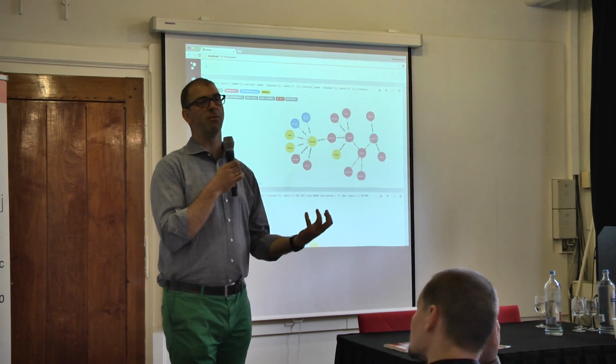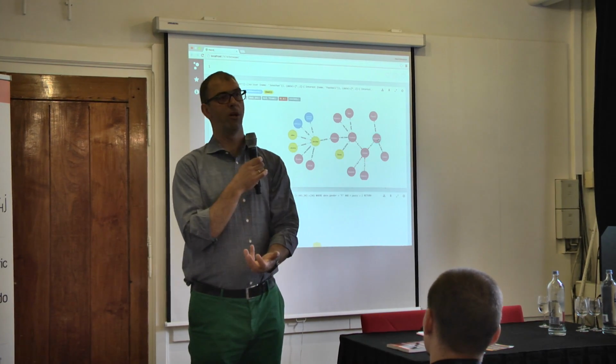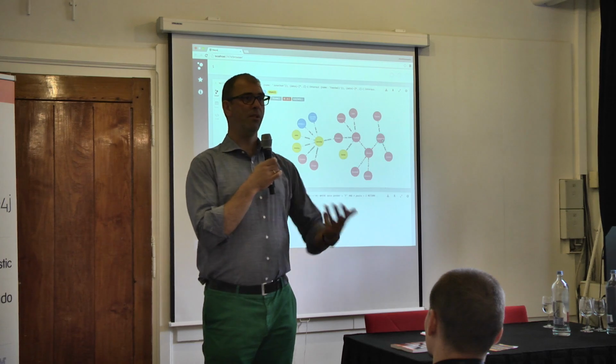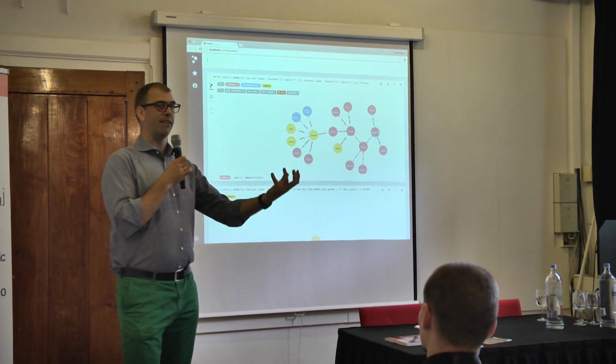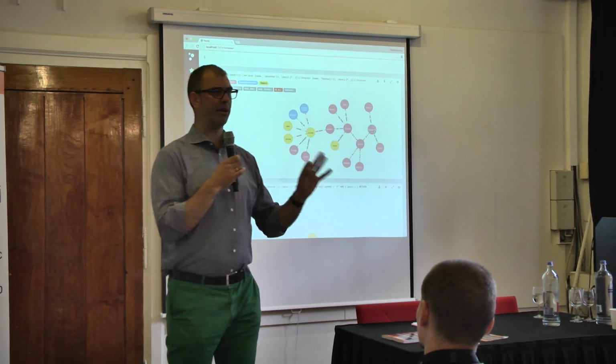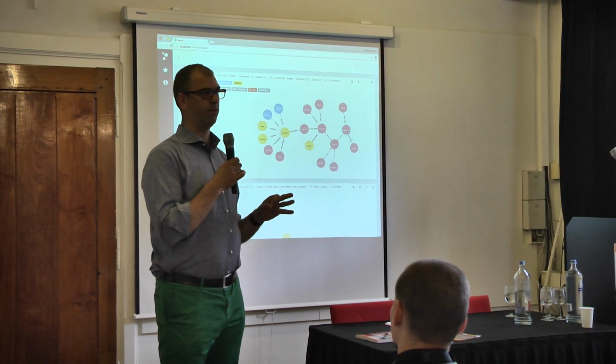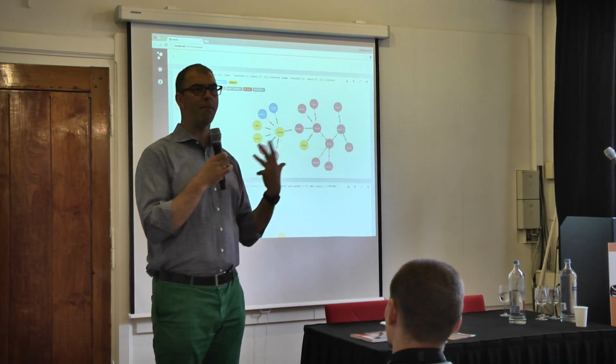That's the difference between global and local operations. Now, the wonderful thing about graph databases is that finding the local point where you start your graph search is basically an index lookup, right?